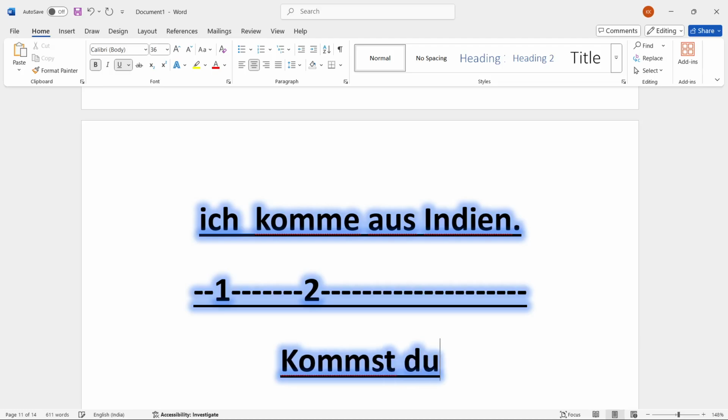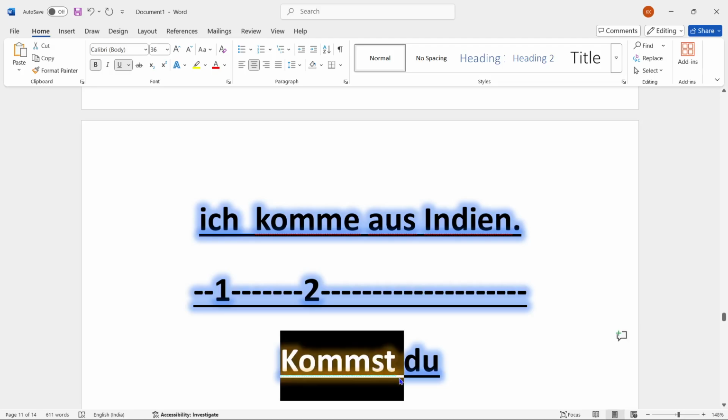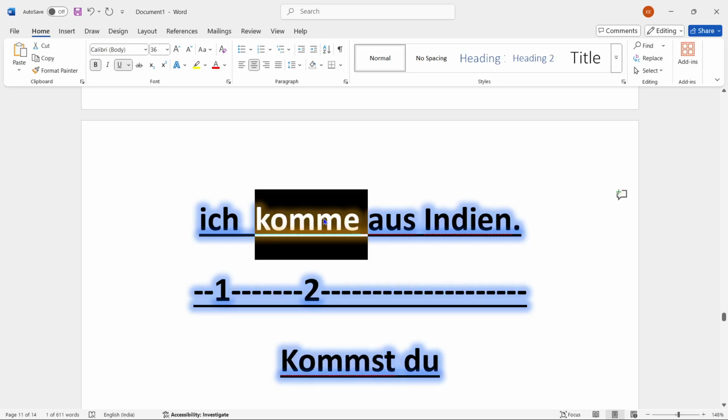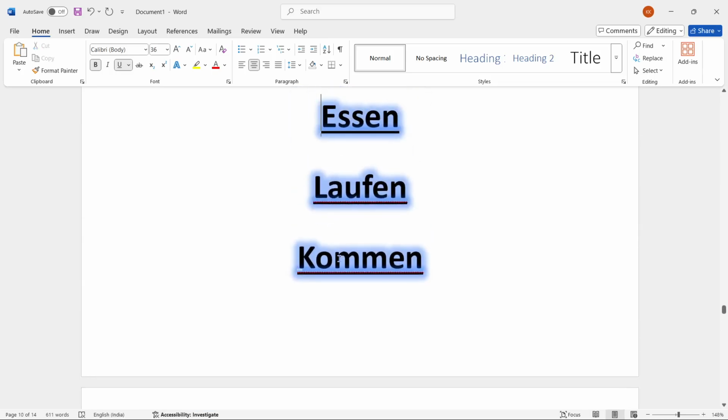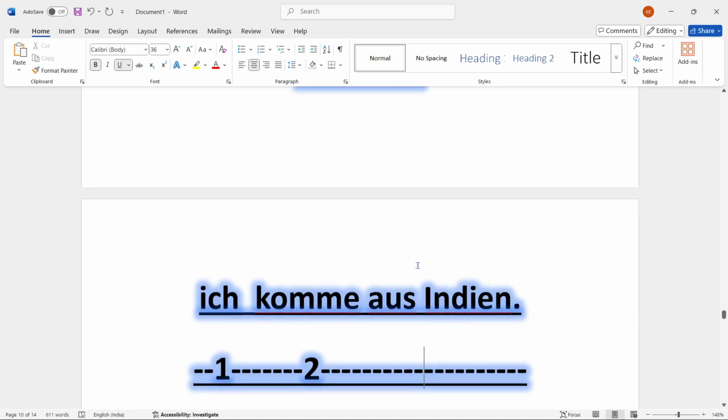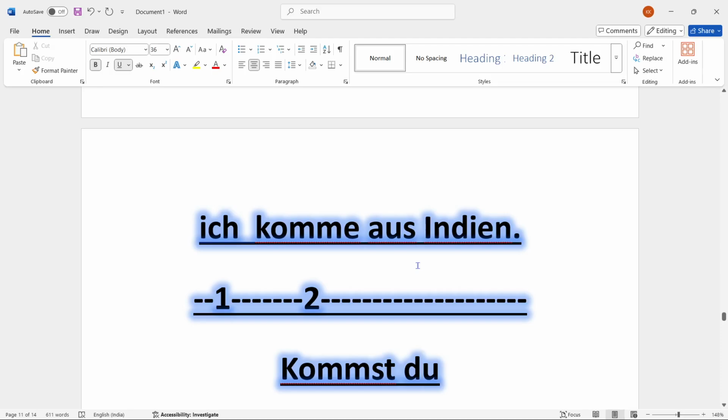Kommst du. Do you remember? Kommst, komme. This is a common verb. It means to come. For making the sentence, I'm using the verb. Without a verb, we can't make the sentence.